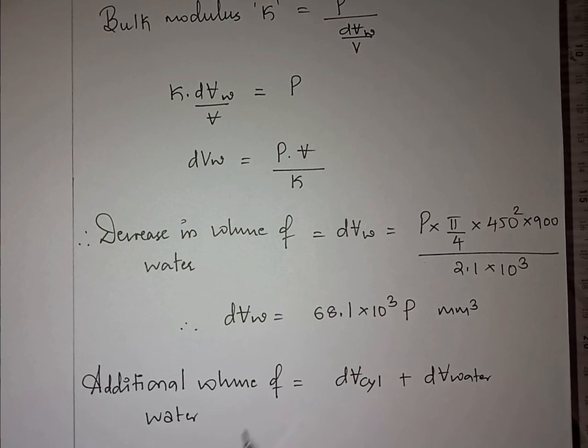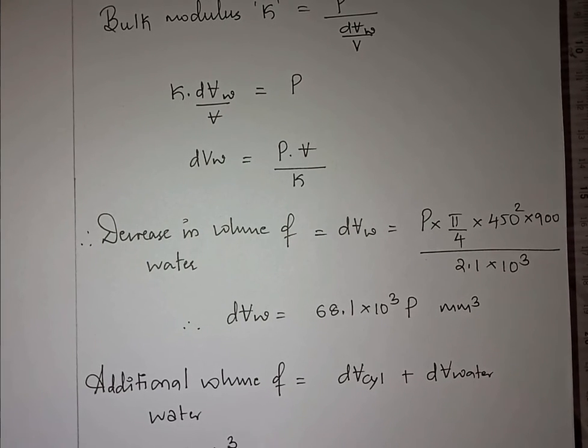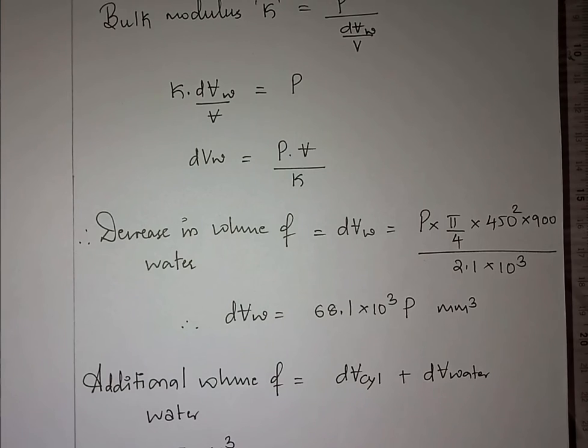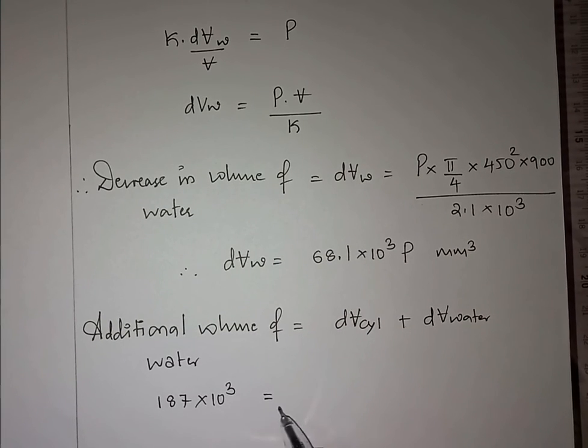Right? So the additional volume of water is 187 into 10 raised to 3. That should be equal to the change in volume of cylinder.